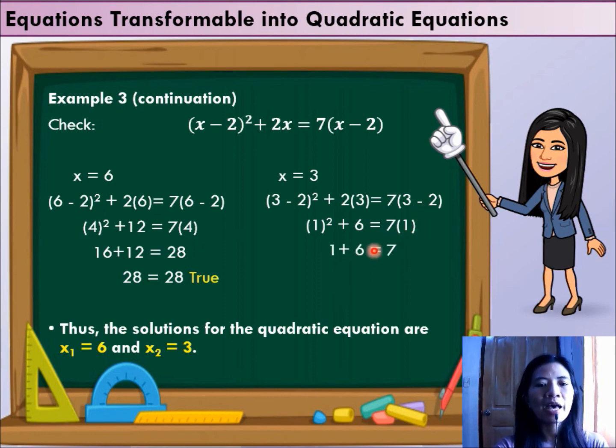So 1 squared is 1, plus 6 is 7, equals 7 times 1, which is 7. So 1 plus 6 is 7, equals 7, which is true. Thus, we can say that the solutions of the quadratic equation are x sub 1 is 6 and x sub 2 is 3, meaning we have two solutions for this quadratic equation.